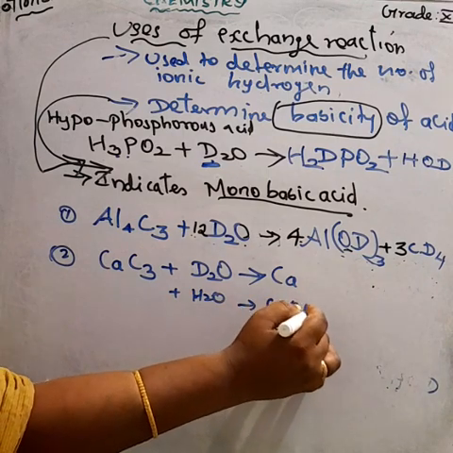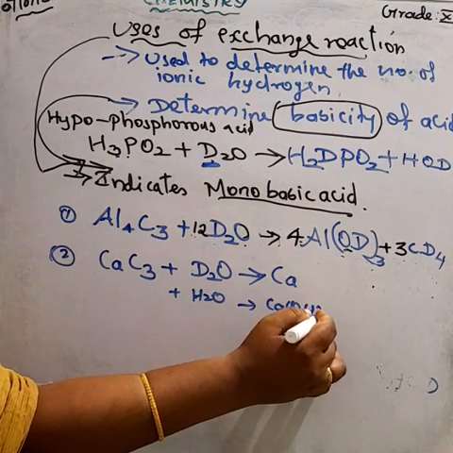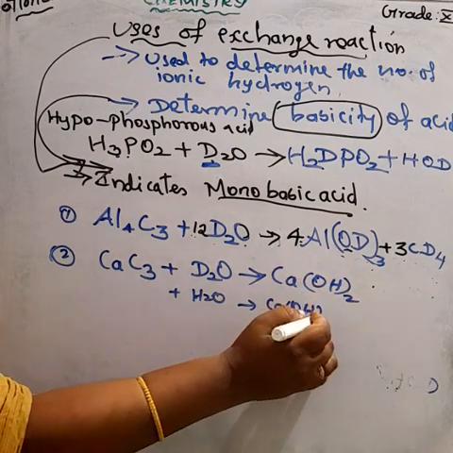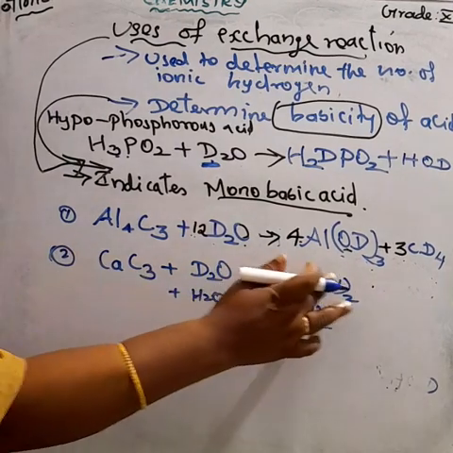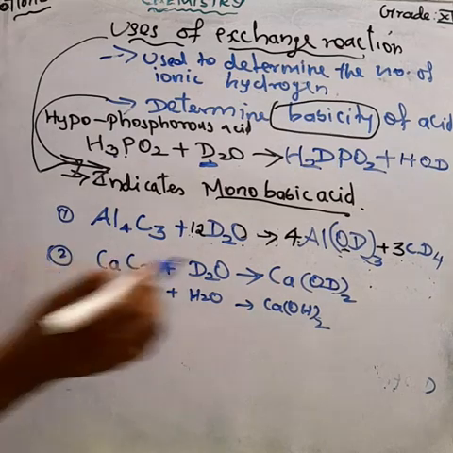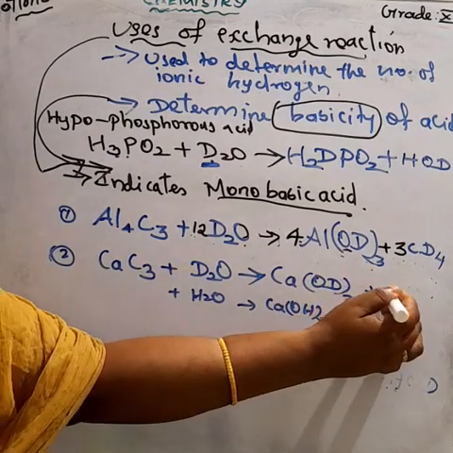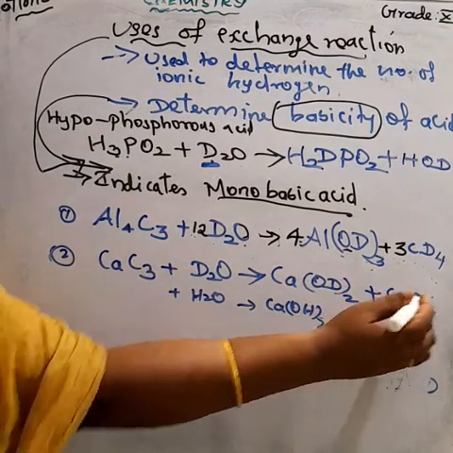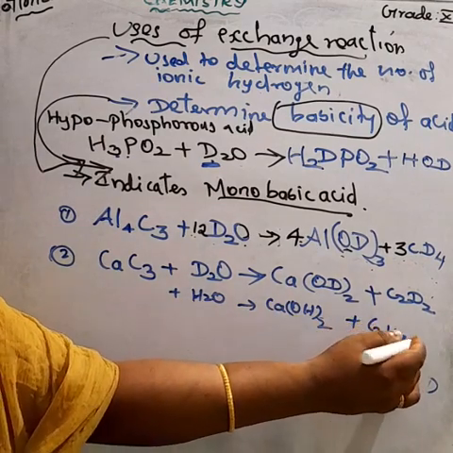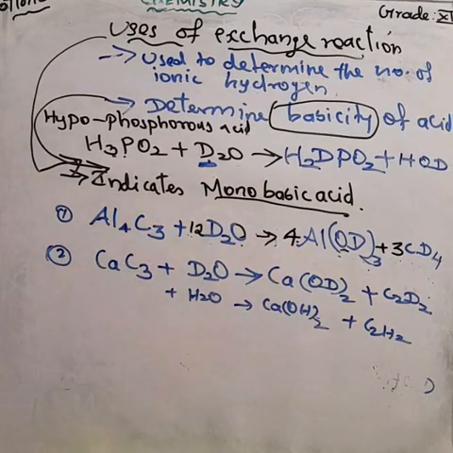But here we are using only deuterium oxide, so we get calcium deuteroxide and another byproduct, C2D2. If we use ordinary water H2O, we get calcium hydroxide and acetylene, C2H2.